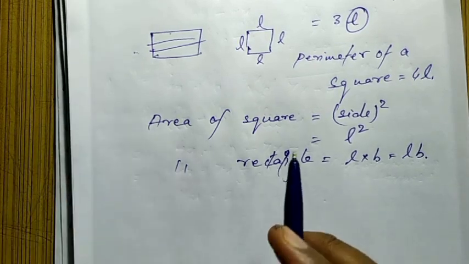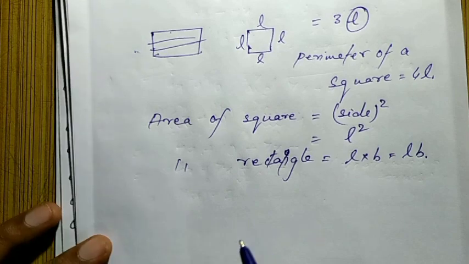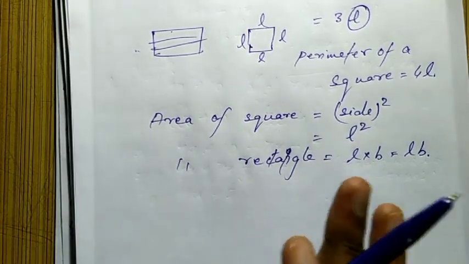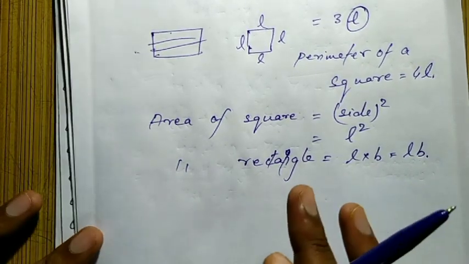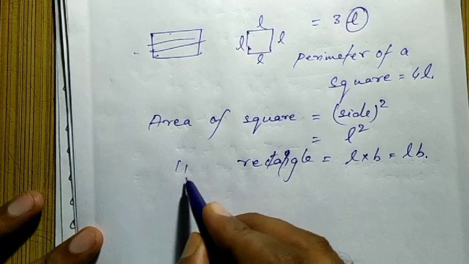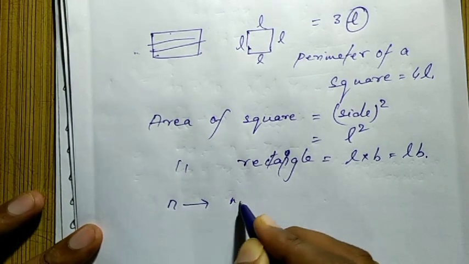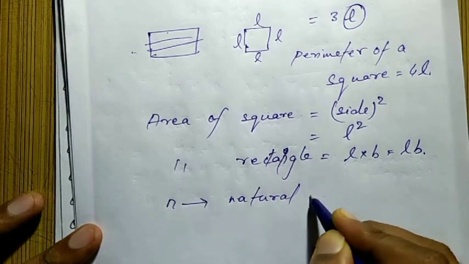Okay, the next topic is rule of number patterns. This is also a very easy topic. In NCERT it is also given. You don't have to write this, this is only an explanation. Suppose n is a natural number.